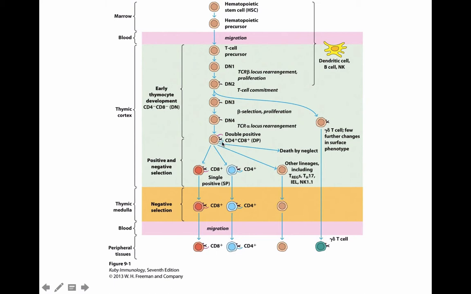So if neither the CD8s nor the CD4s are able to interact with MHCs found on the surface of epithelial tissue lining this thymic cortex and thymic medulla, then they will go through automatic apoptosis, or death by neglect, because they were unable to recognize self MHC.